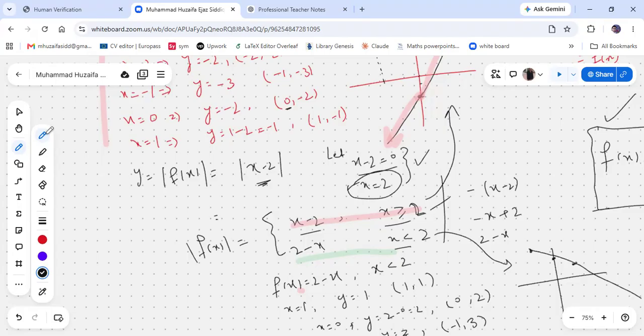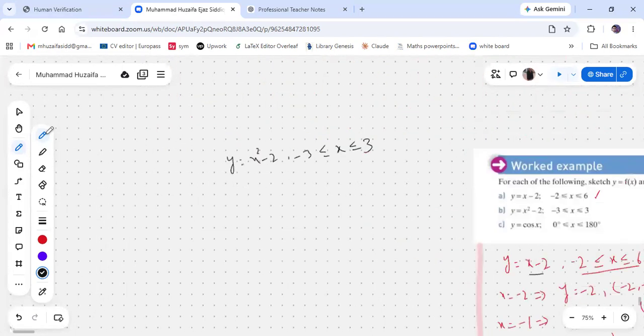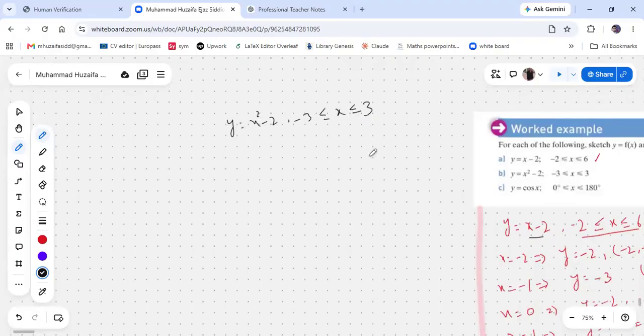Now we are moving to the next problem. Our next problem, as we already know, is quadratic functions. And the graph of a quadratic function is what type?